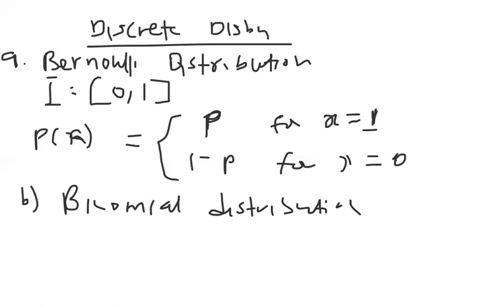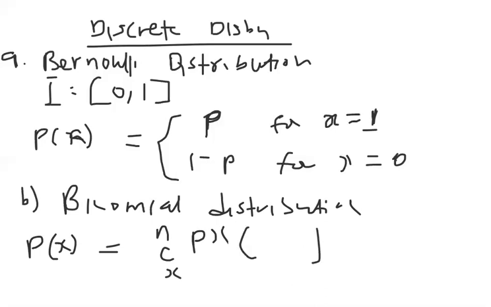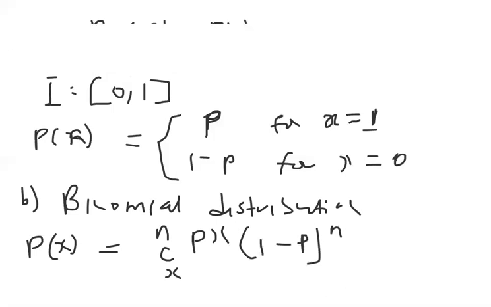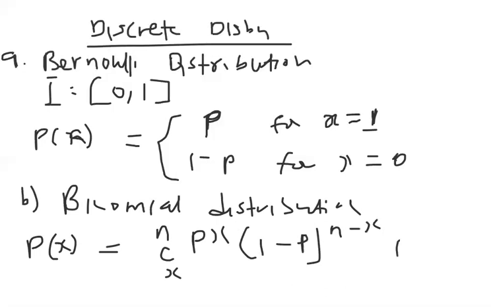So when you throw a coin repeatedly, like six times, and you're interested in only the head showing up or the tail showing up, this also has the mass function P of X is equal to N combination X, P to the power X, and then 1 minus P to the power N minus X, for all X belonging to countable numbers, right? Okay. So this is what we call binomial distribution.